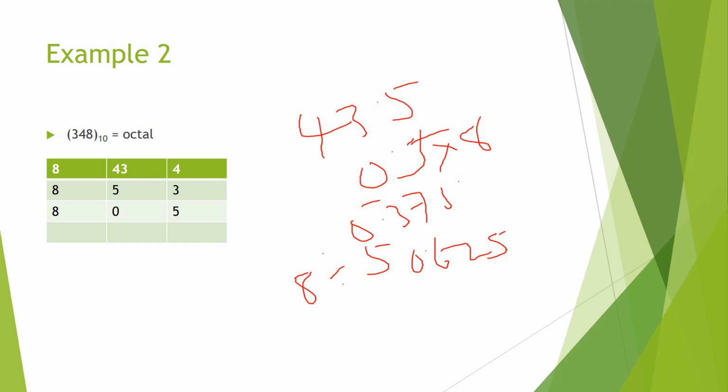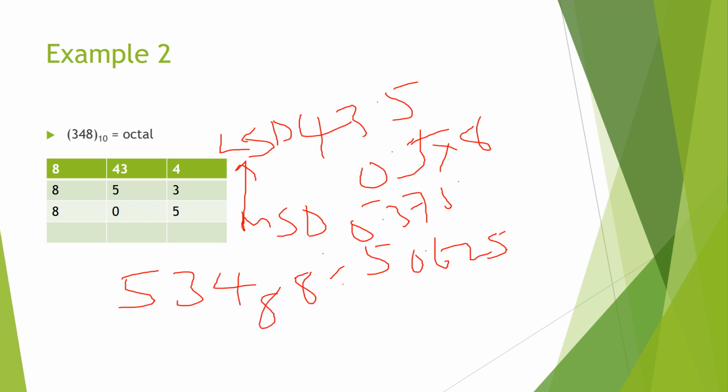So, in this case, our most significant digit is here, then moving upward to get our least significant digit. So in this case, our answer becomes 5, 3, 4, base 8. Remember always to include the subscript.